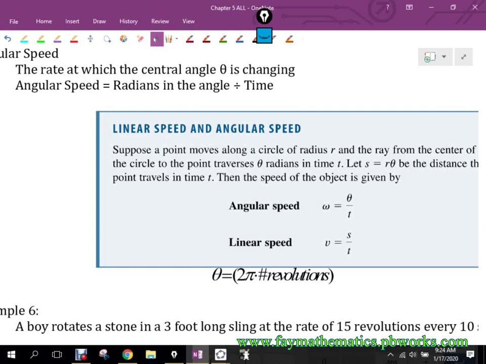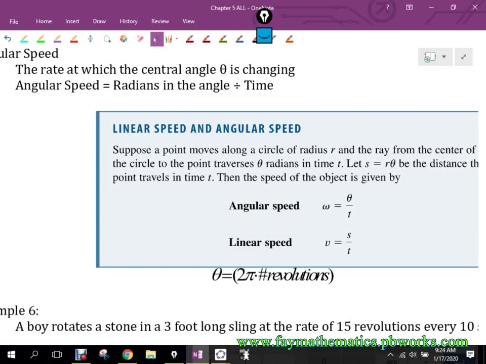So that's why sometimes we refer to it as velocity, because it's got a direction. And we'd probably determine that direction using tangent lines and so forth, but we don't really need to worry about that if we're going to do these problems. It's not a big deal to transition the word speed to velocity or velocity to speed. But angular speed, again, when it's a speed it's a rate, correct?